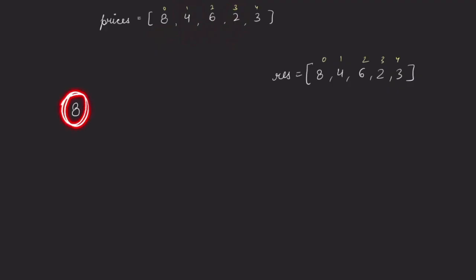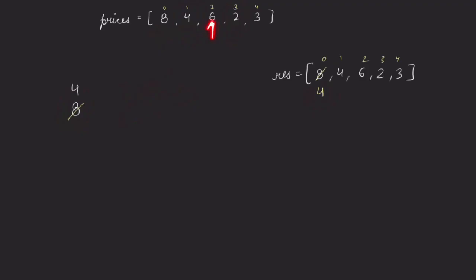Now I see there was an item 8 which has not been discounted yet. So I will check, can this 4 be a discounted price for 8? Yes, because 4 is less than or equal to 8. So now I will change this 8 to 4. Basically, I will do 8 minus 4, so it will become a 4. So now 8 has been discounted, so I can remove this. Now 4 is not yet discounted, so I will keep 4 somewhere and move forward.